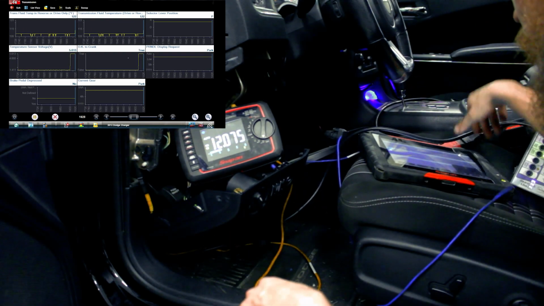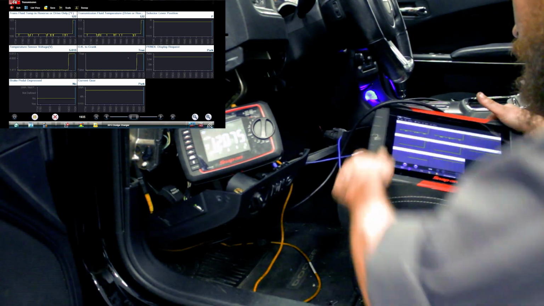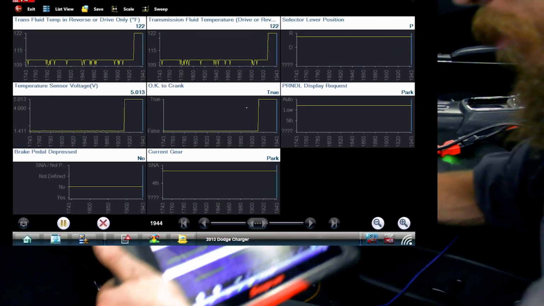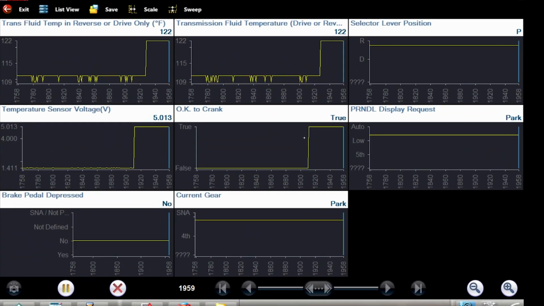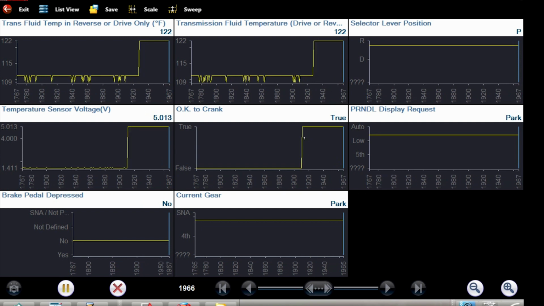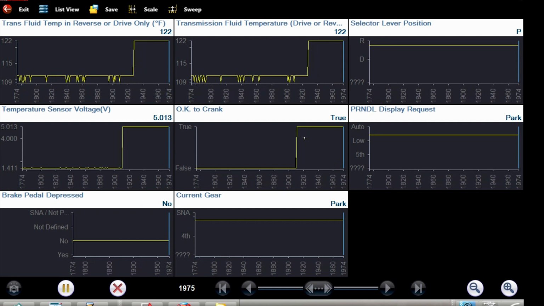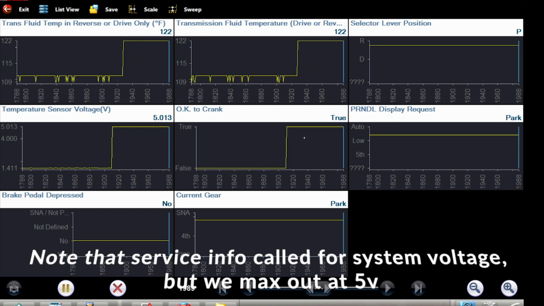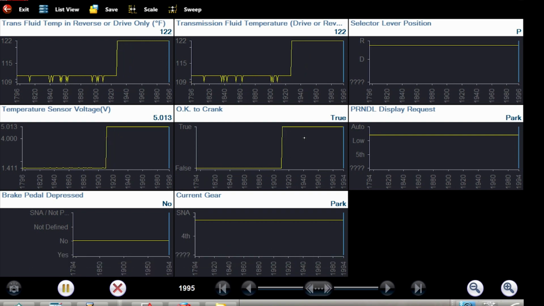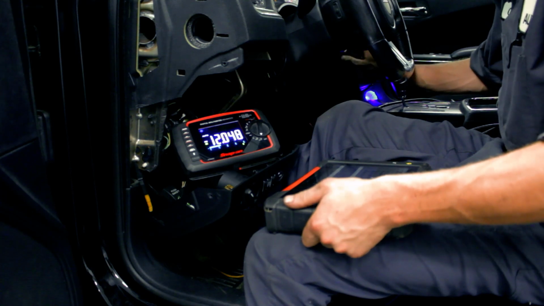You'll also have noticed that our temperature sensor voltage went up to the full 5 volts, and our OK to crank went to the true position. We've got the 12 volts there, and I'm going to kind of wiggle myself in here to press my brake pedal.